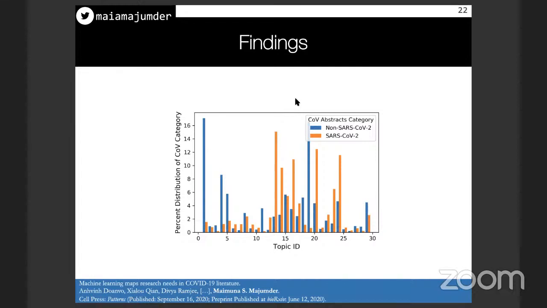In other words, COVID-19 abstracts were disproportionately concentrated in these 5 topics relative to non-COVID-19 abstracts.